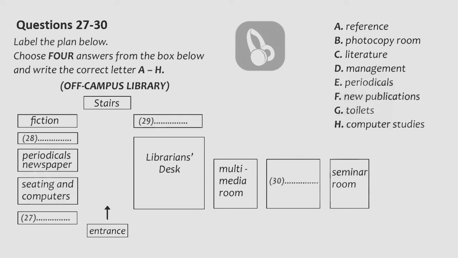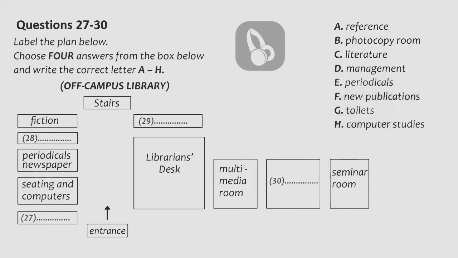It's right at the end on the left, isn't it? Just before the stairs up to the lecture theater. No. Sorry. Management and business studies, along with marketing, are all, as you said, at the back, but on the right. Oh, so what's on the left then? That's the fiction section, or literature.